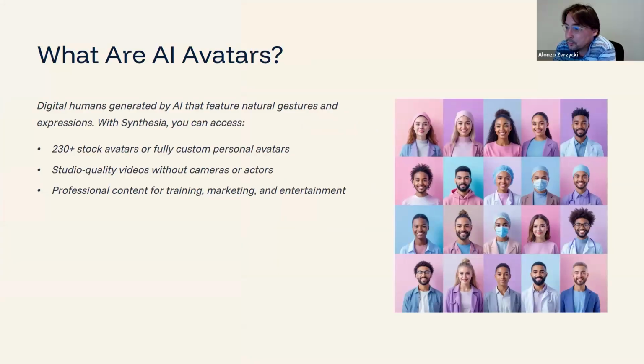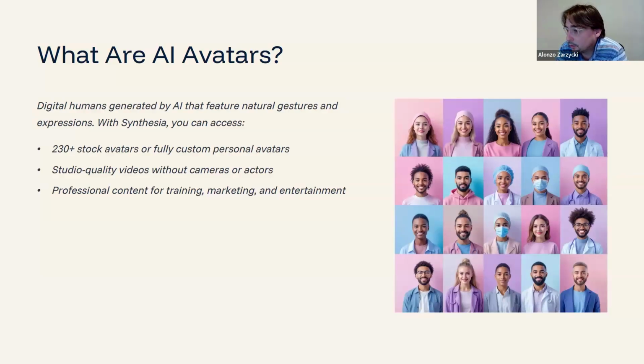Okay, so what are AI avatars? They're digital humans generated by AI that feature natural gestures and expressions. You can generate these using photographs or stock photos that you might have, or also using personal videos of you that you might have. With this, you can generate studio quality videos without a video camera, only using your computer.